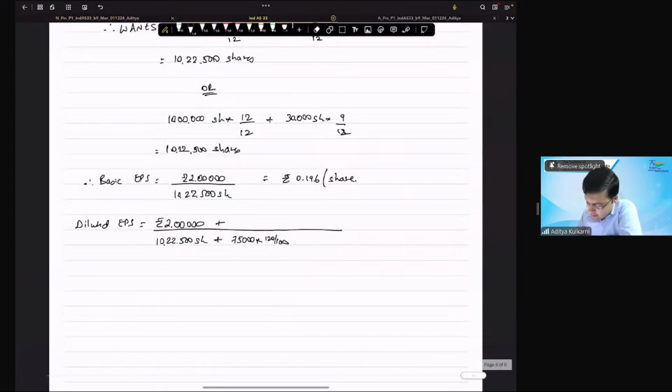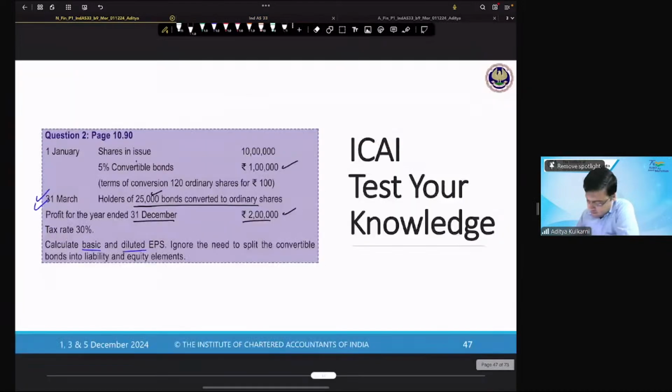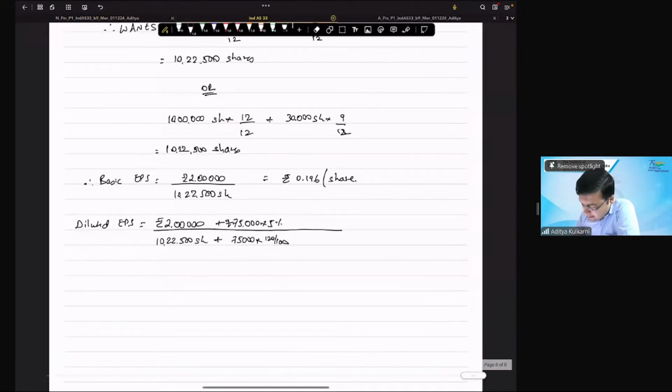It is 5% conversion. So 75,000 less interest, into 5%, into tax. What is tax rate? 30%. So therefore net मेरा saving हो गया 70%. Right? 100 minus 30%, 1 minus 0.3. Yes? ठीक है सर. Convinced, na? Okay.